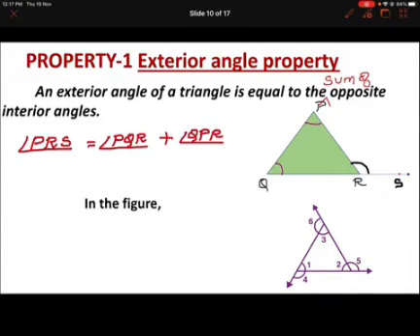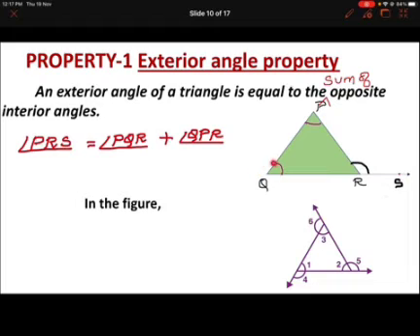Okay. Now, you have one activity here. In this figure, if we extend the side here, this becomes an exterior angle. Children, that is not the only side which we can extend. We can extend PR this way. Then you will get one exterior angle here.